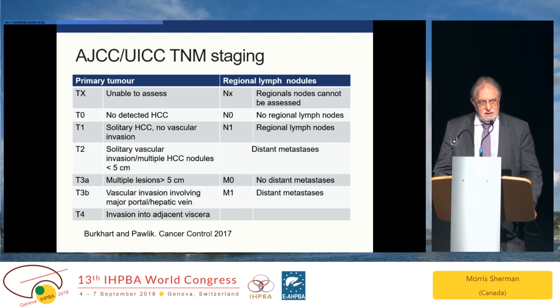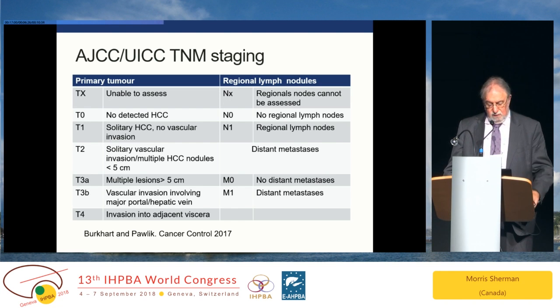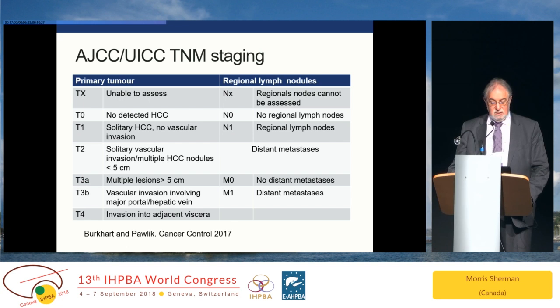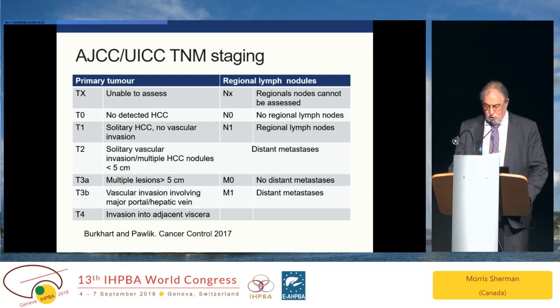This is the TNM staging for liver disease, for liver cancer rather, as you know. The old TNM staging, the HCC UICC classification, doesn't take liver function into account at all, doesn't take the patient's clinical status into account at all. And of course, in liver cancer, we have the underlying liver disease to be aware of.